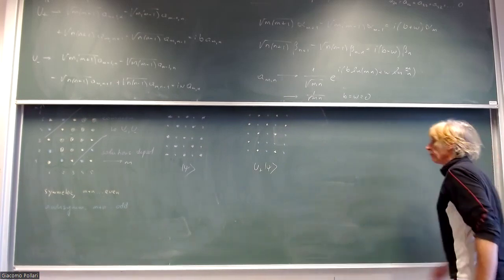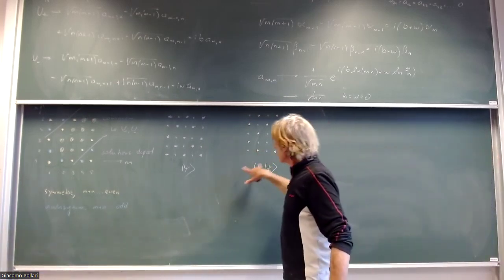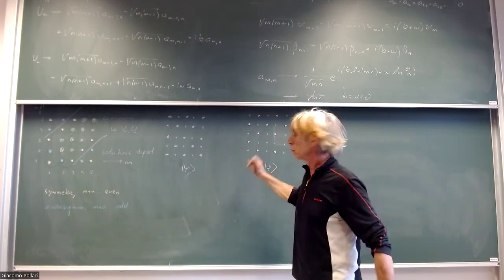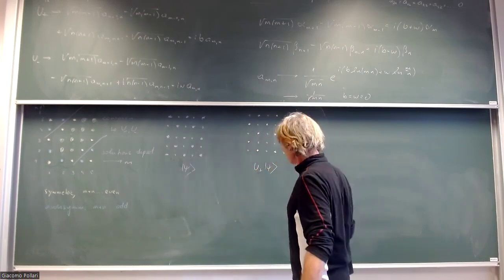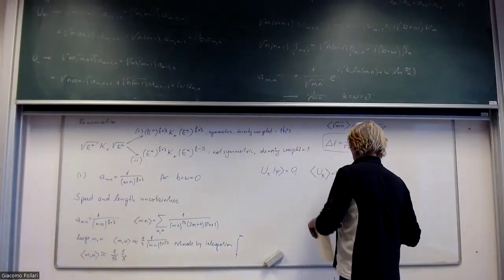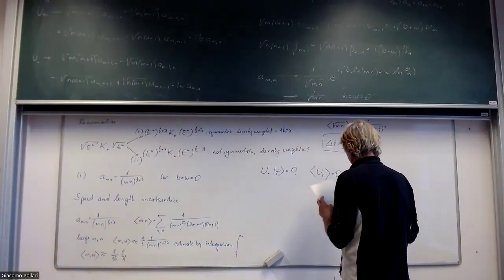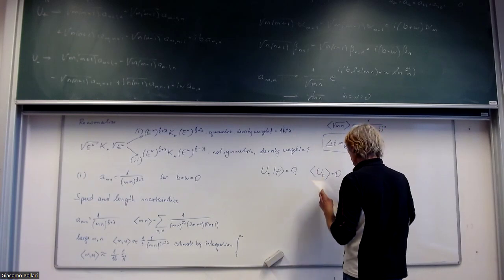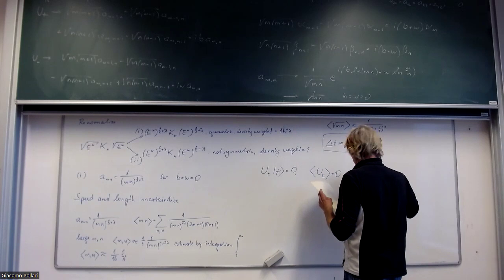So when we take U psi and take the inner product with psi, you get 0. Those are different, non-zero different places. So the expectation value is equal to 0 also.